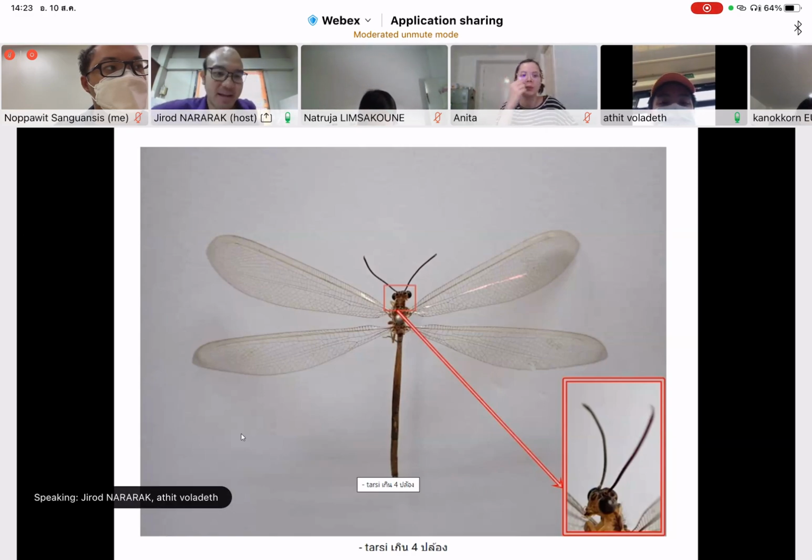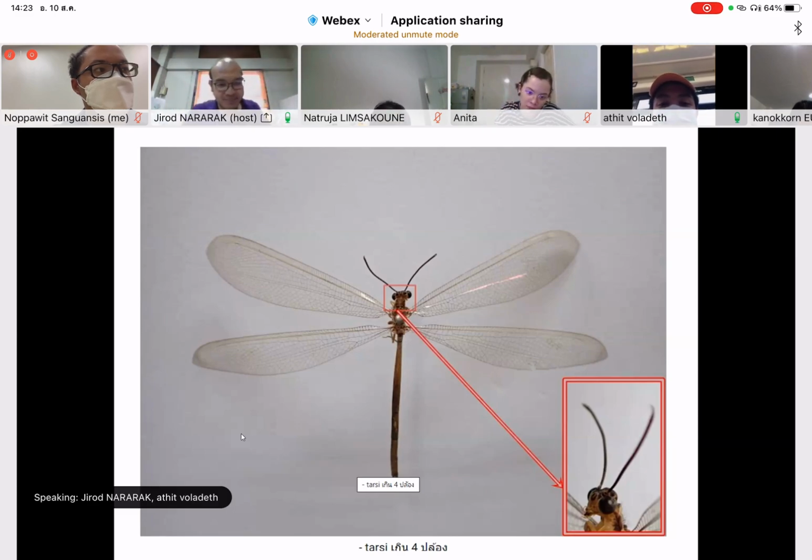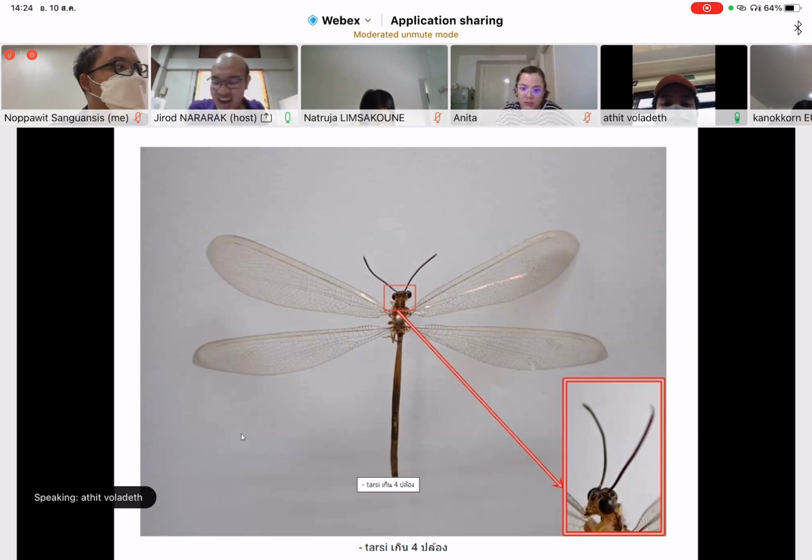Is it the Odonata order? No, Odonata is dragonfly. This is not a dragonfly. I don't know what it is. Okay, this insect you have to remember well. It's similar to the dragonfly.